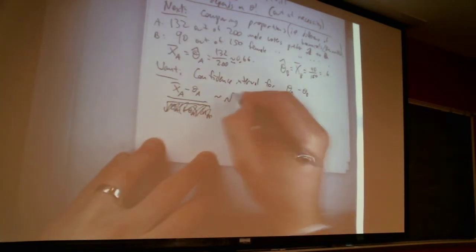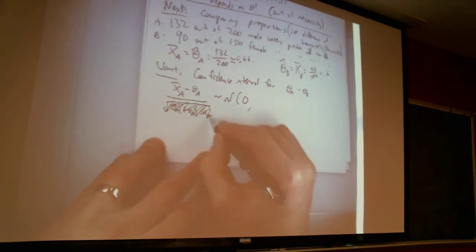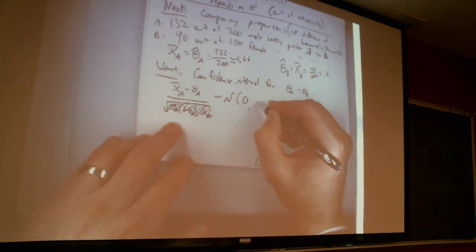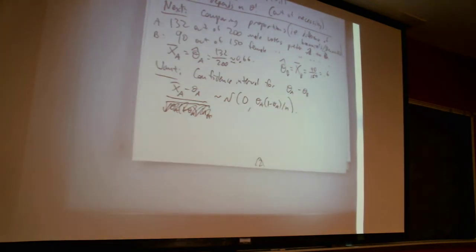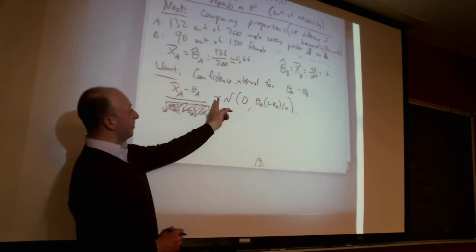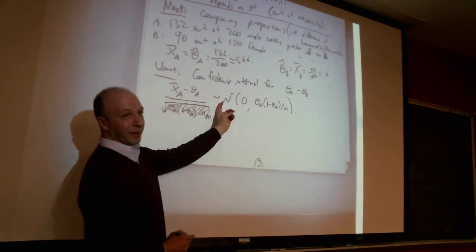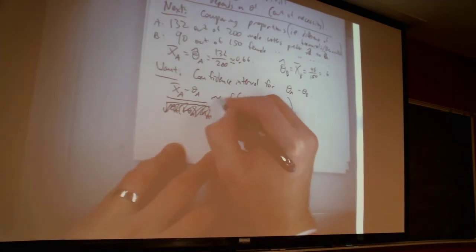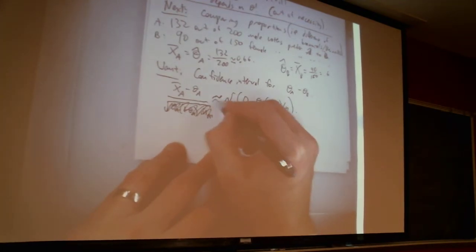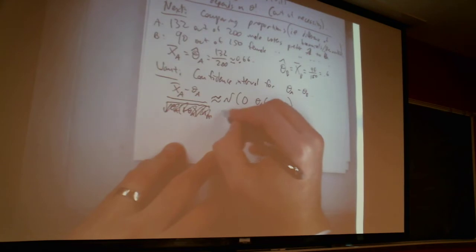This is a normal with mean 0, but variance exactly what was in the square root: theta A times 1 minus theta A divided by n. This is Gaussian, approximately. That's the central limit theorem.